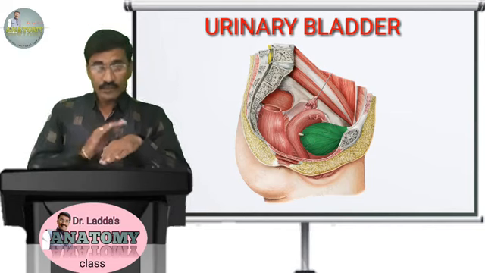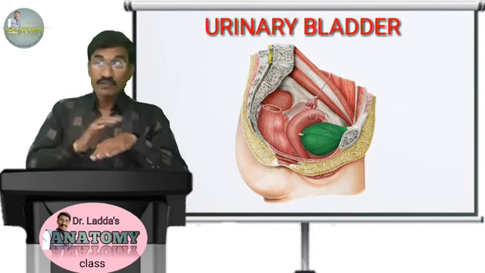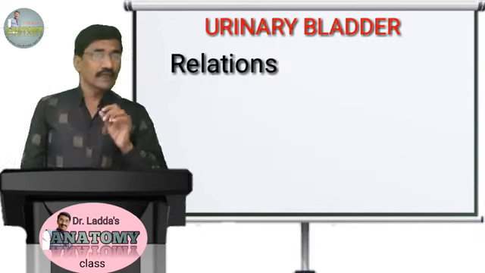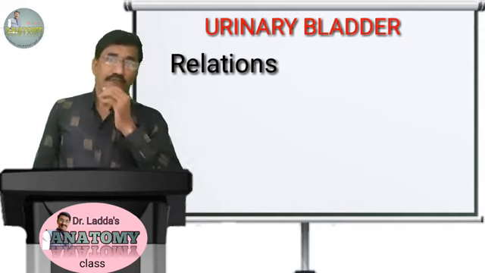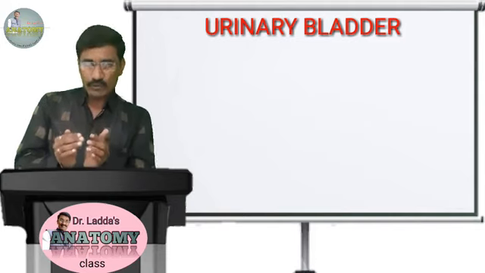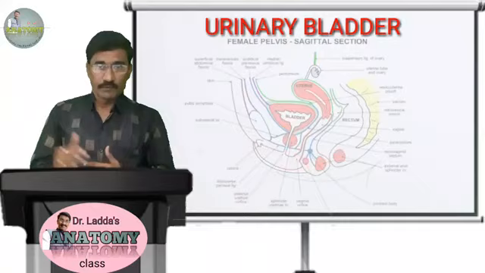We know, friends, the urinary bladder has apex, base, neck, surfaces and borders. Now all these portions have their own relations. Before proceeding with the relations of the urinary bladder, let's have a little look at the pelvis of male and pelvis of female.